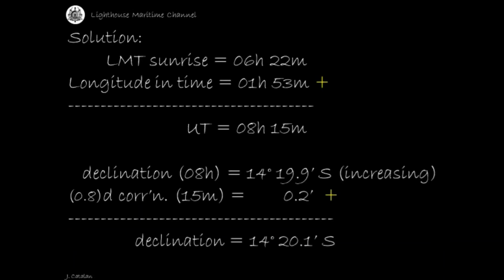Declination at 08 hours is equal to 14 degrees and 19.9 minutes south, added by the D correction at 15 minutes, from the argument of the D value 0.8, which is equal to 0.2 minutes. The result is the declination, which is equal to 14 degrees and 20.1 minutes south. Why do we add? It is because the declination is increasing.